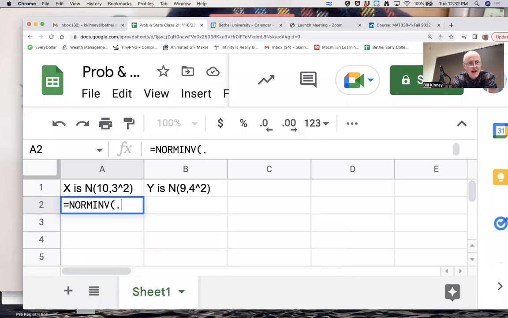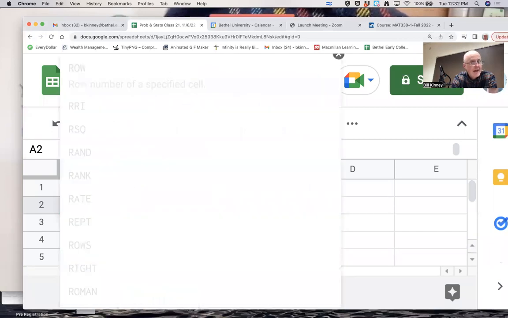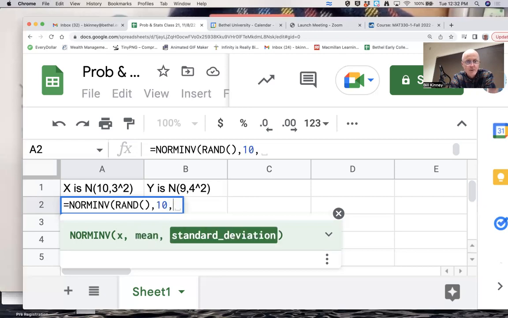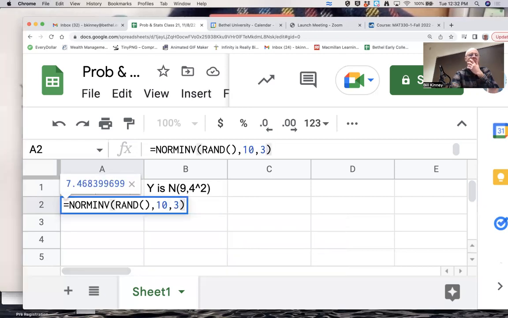If instead of 0.9, I plug in RAND, that's giving me a uniform number, a random number between 0 and 1 to represent the area to the left of a given z value. So this is essentially giving me a random z value now in the end with a mean of 0. Oh, well, let's use the mean and standard deviation given in this problem here, 10 and 3. This is now giving me a simulated value of x.